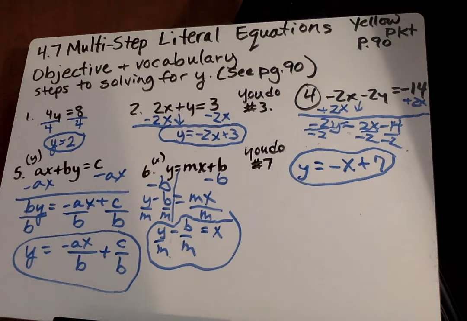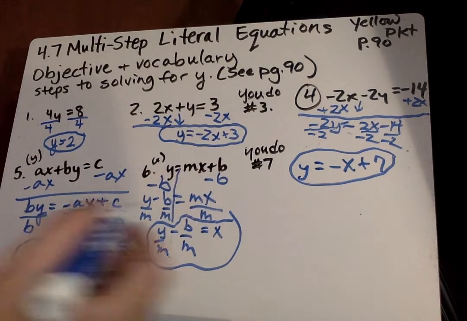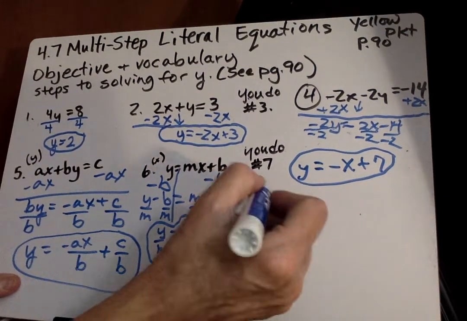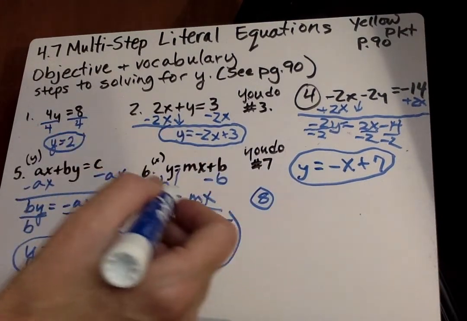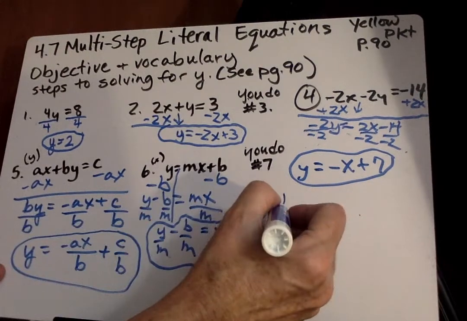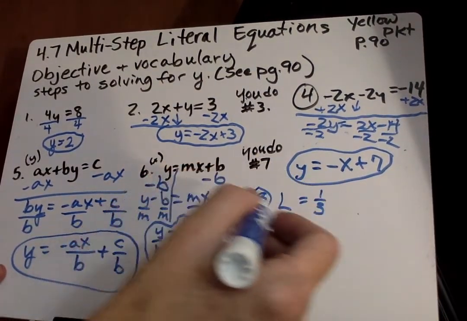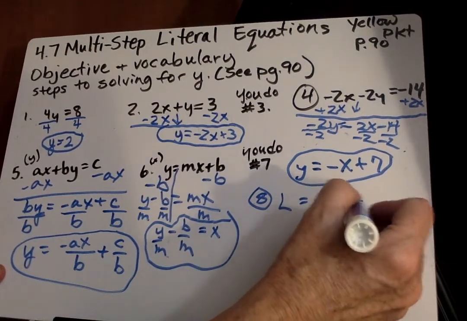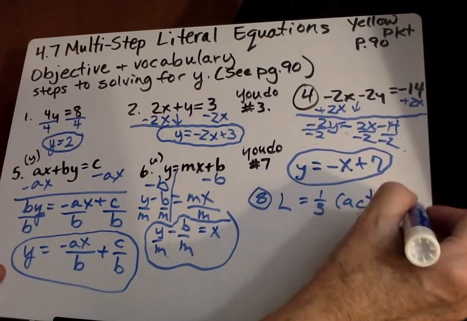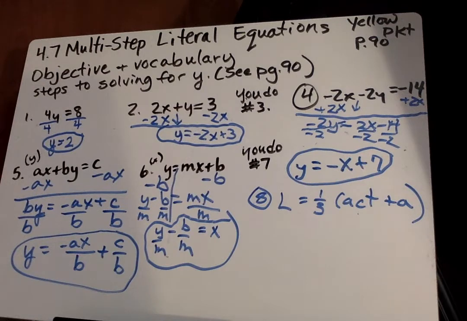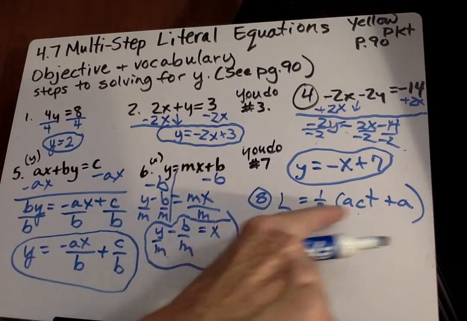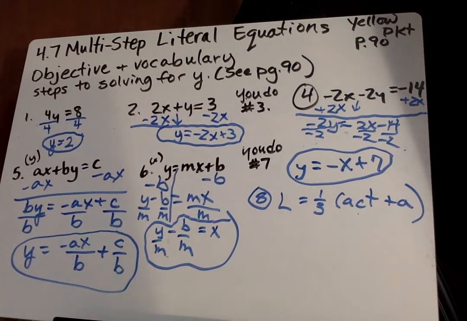All right, I was going to do number 8, so let's see if I can rewrite it here quick. Number 8, we're going to solve for t. L equals 1/3 ACT plus A. First thing we're going to have to do if we're going to solve for t is distribute the 1/3 through the parentheses.